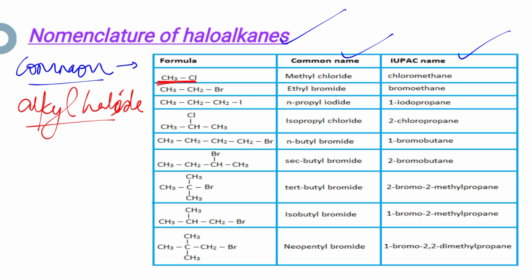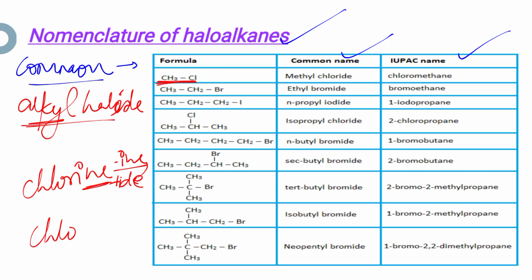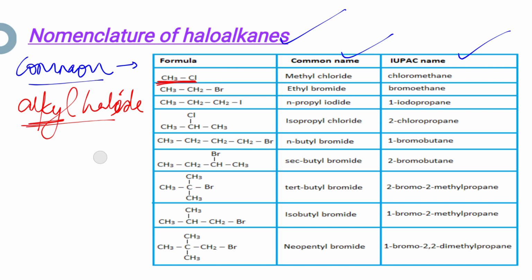This CH3 means methyl, and chlorine gets converted to halide. For chlorine, we remove I and E and add IDE, which gives chloride. Similarly, fluorine gives fluoride, iodine gives iodide, and bromine gives bromide.